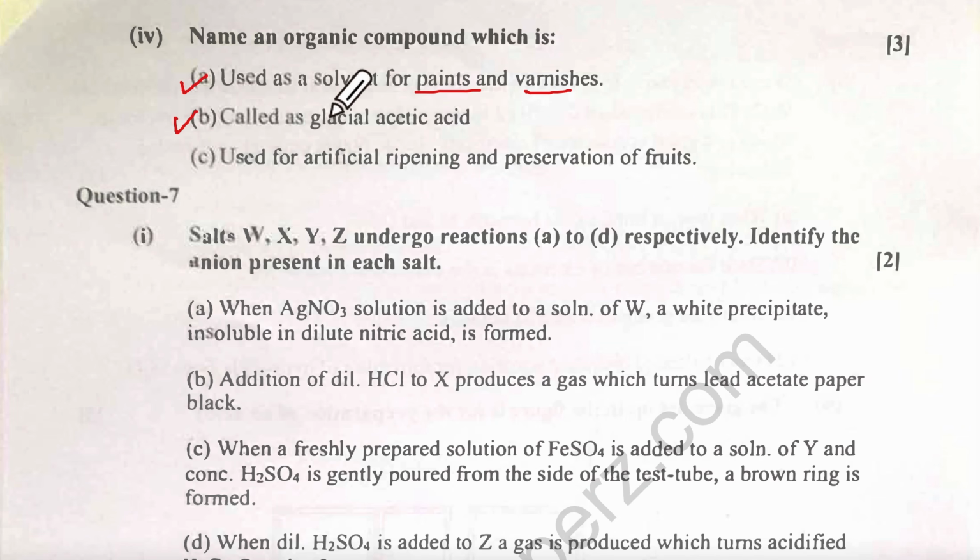Correct. Glacial acetic acid, what is it? Organic compound. Acetic acid. I know this is silly. Ma'am, will we write anhydrous acetic acid? I think we should write anhydrous. That looks like ice and is called glacial. Anhydrous is better. Ma'am, will we write the IUPAC name also?